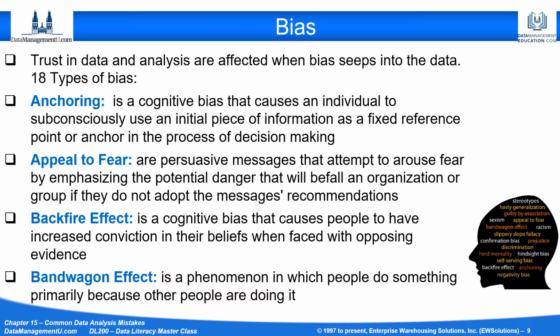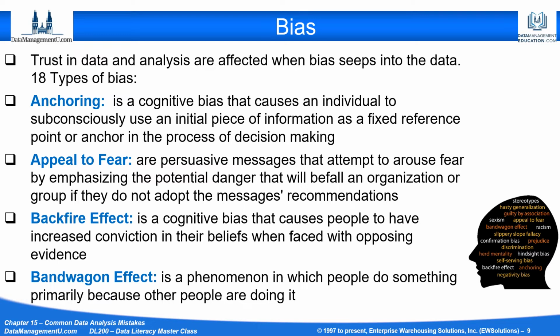Okay, next kind of bias, backfire effect. This is a cognitive bias that causes people to have increased conviction in their belief, even when faced with opposing evidence. So even though you really believe in something, you hold on to it even though the evidence is pointing you in a different direction.